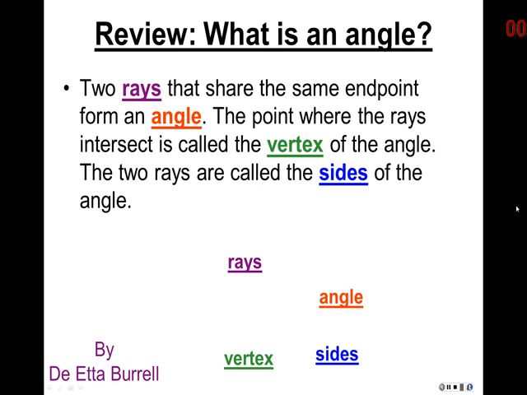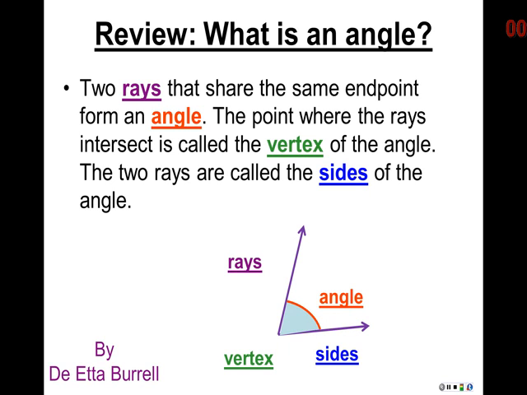Yesterday we talked about rays, angles, vertices, and sides. Okay? Two rays that share the same endpoint form what we call an angle. Now remember, a ray has an endpoint and then a line that goes on forever.